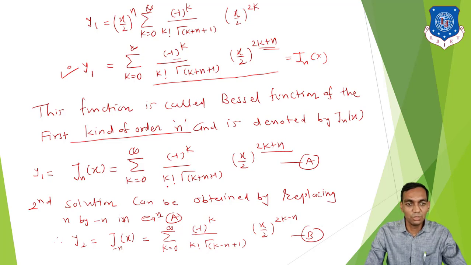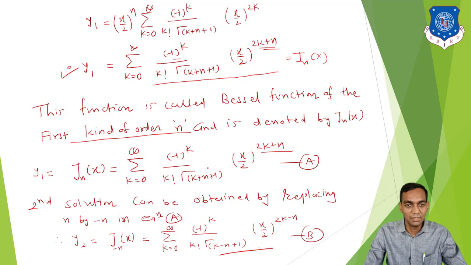Now, the second solution can be obtained by replacing n by minus n, and that will give you J of minus n x. J of minus n x is equal to sigma k running from 0 to infinity minus 1 raised to k upon k factorial into gamma k minus n plus 1 into x by 2 raised to 2k minus n.